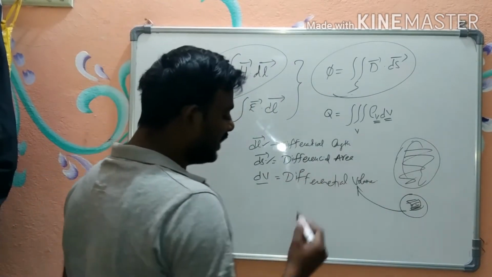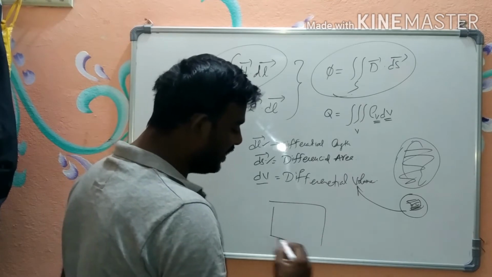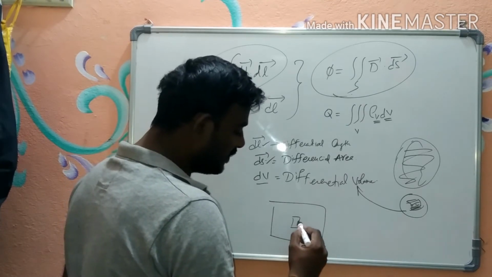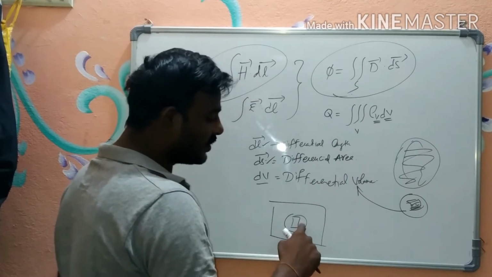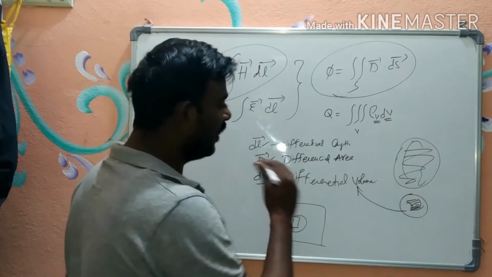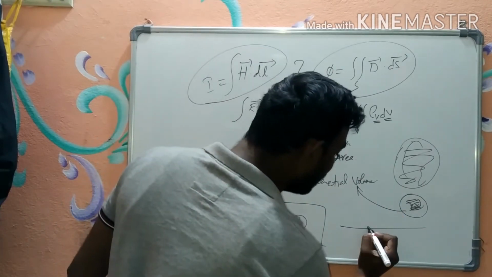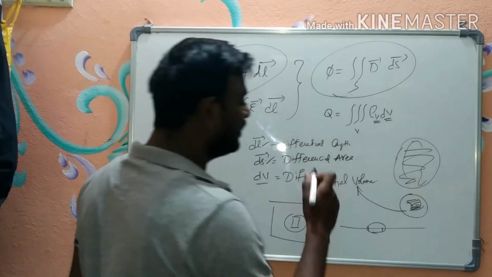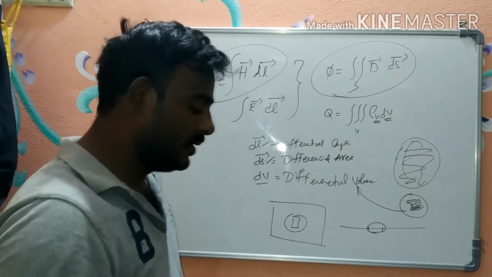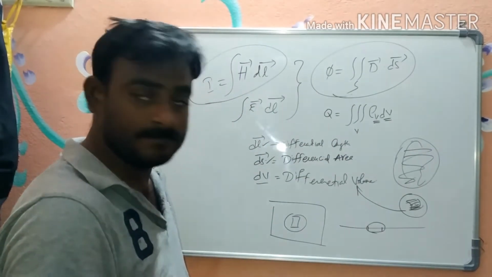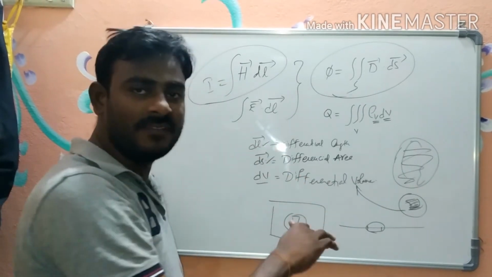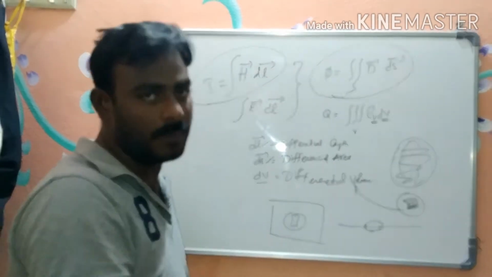Similarly, for differential area, out of an entire sheet I am considering only a small portion. Out of the entire length, I am considering a small length, and this is called differential length. So in this way, we can differentiate between the differential length and the total length or total path.